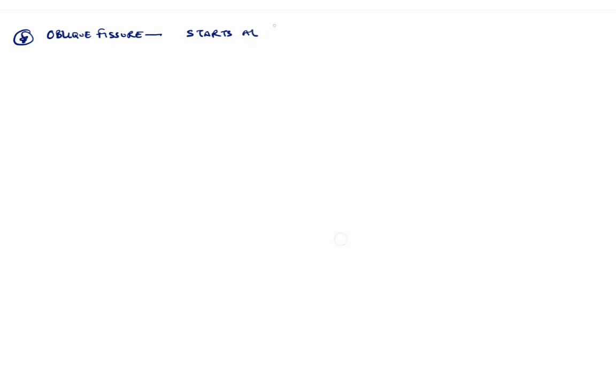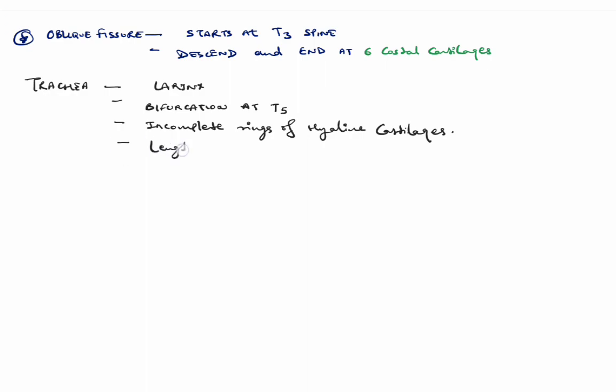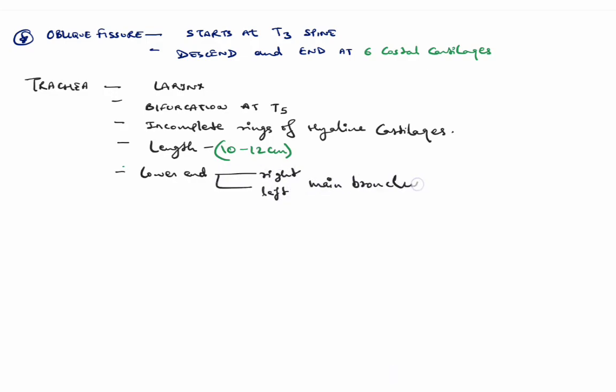Now understanding the oblique fissure, that starts at the T3 spinal level. It descends and ends at the 6th costal cartilage. The trachea: understanding what is trachea, then this is the bifurcation at T5, a continuation of the larynx. It has incomplete rings of hyaline cartilage and the length is about 10 to 12 centimeters. In the lower end, it is continuous with the right and left main bronchus bifurcation.